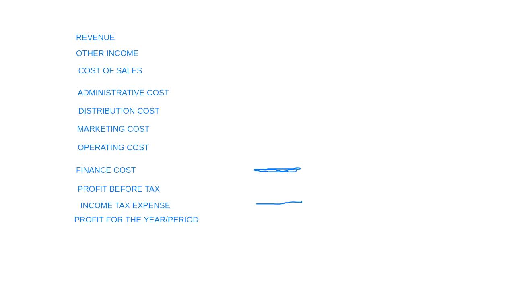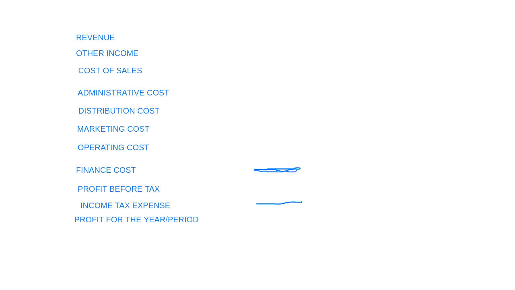So here we are going to give ourselves a subheading. Remember that first part, if we are using the one statement approach, that first part is what we now refer to as our profit or loss section. If we had been using the two statement approach, then this would be the one whole statement, the statement that we call our statement of profit or loss, right?